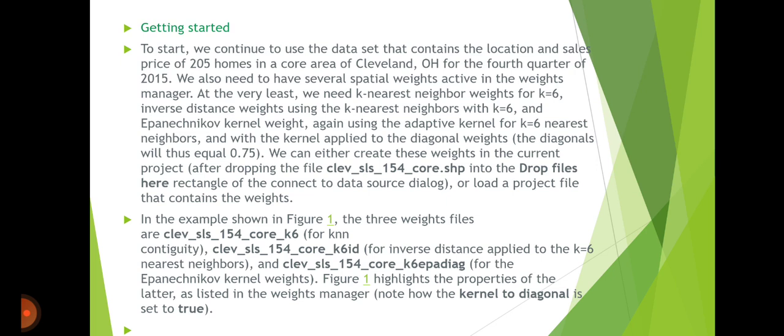In the example shown in figure 1, the three weight files are clev_sls_154_core_k6 for KNN contiguity, clev_sls_154_core_k6_id for inverse distance applied to the k equals 6 nearest neighbors, and clev_sls_154_core_k6_epa for the Epanechnikov kernel weights.